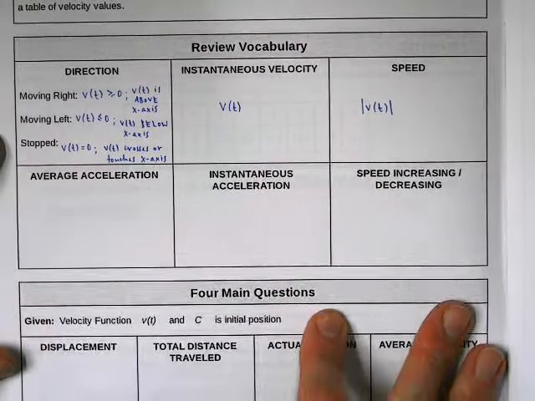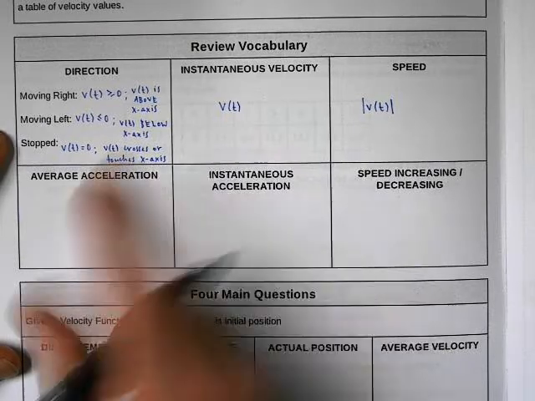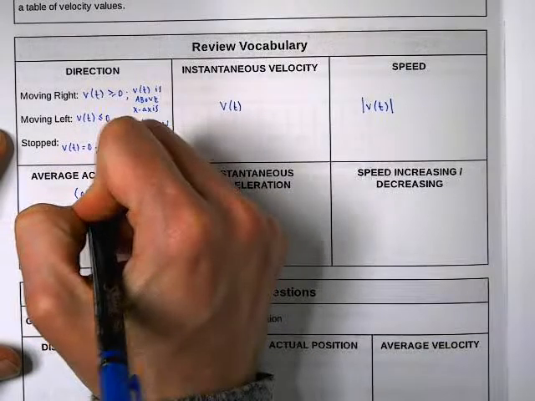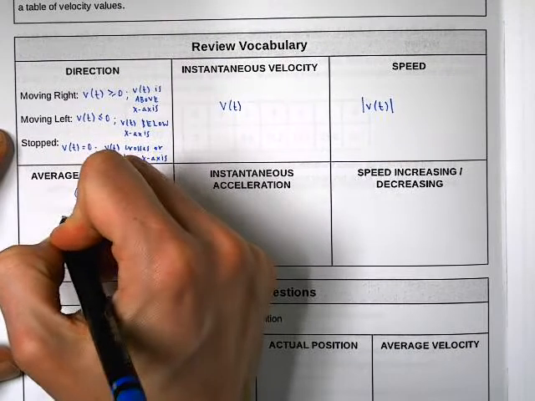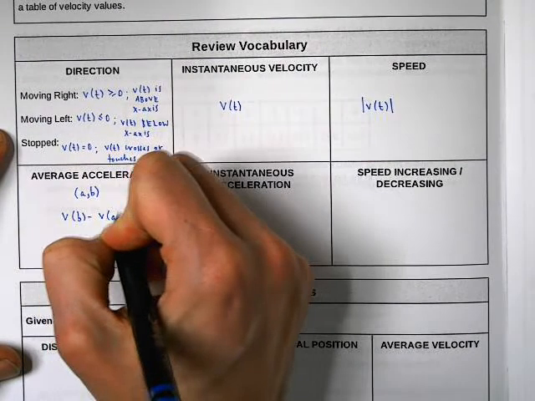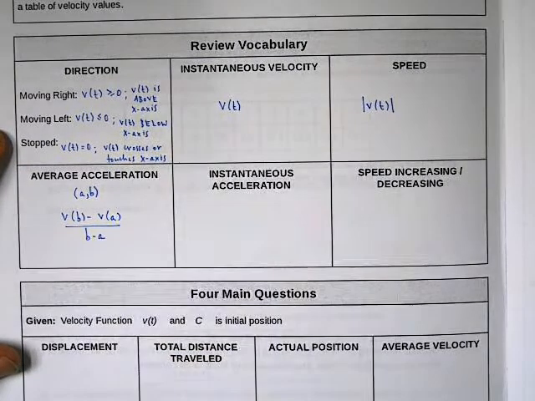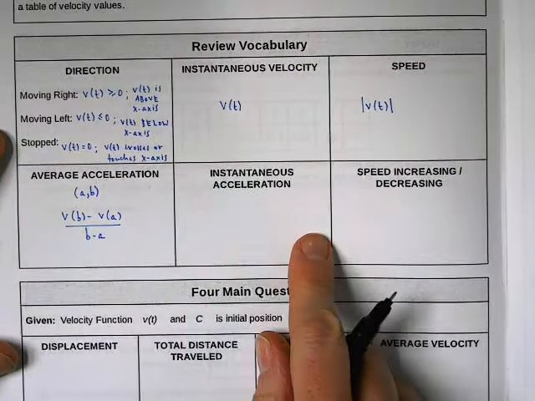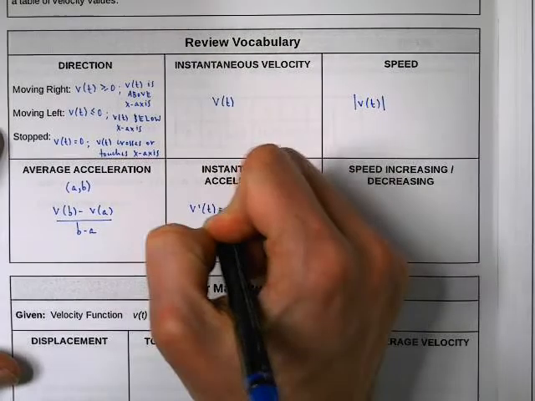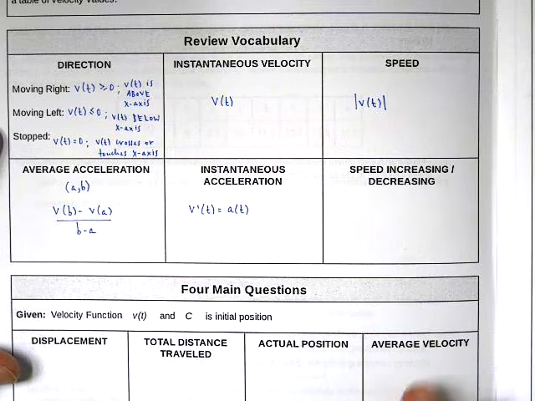Now, if I want average acceleration and all I have is the velocity function, if I'm asked for the average acceleration over the interval from a to b, I'm going to use slope here. So we would use our velocity function, v of b minus v of a, all over b minus a. Instantaneous acceleration, that's our derivative of velocity, which is our function a of t, our acceleration function.